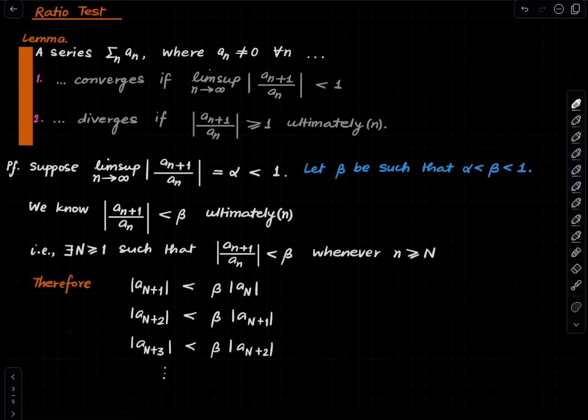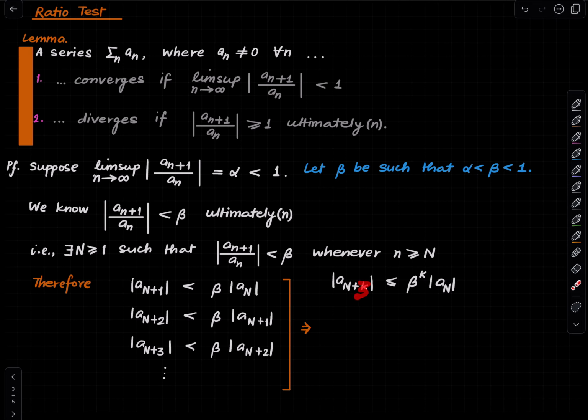So this gives that this is at most beta to the power k times the absolute value of a_N. So how do we get this?